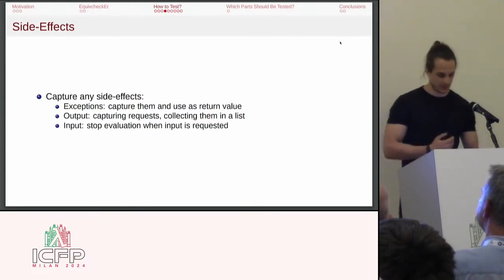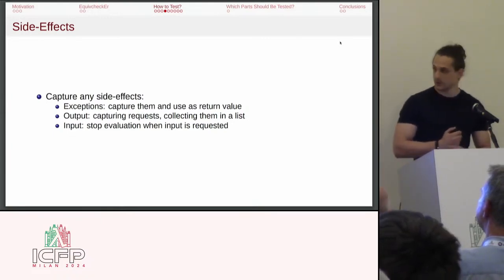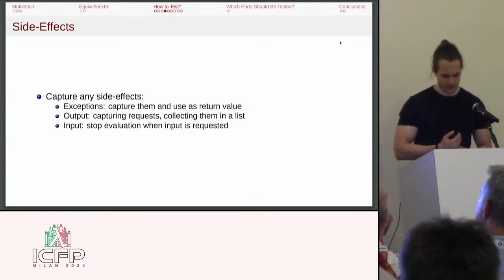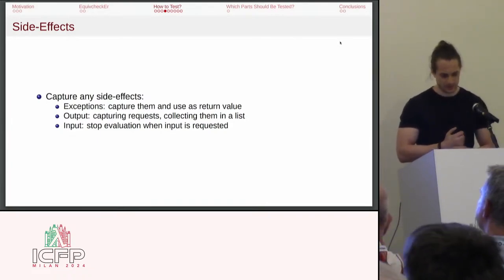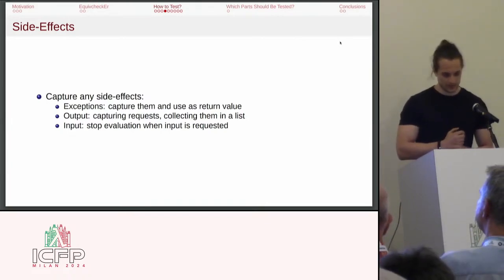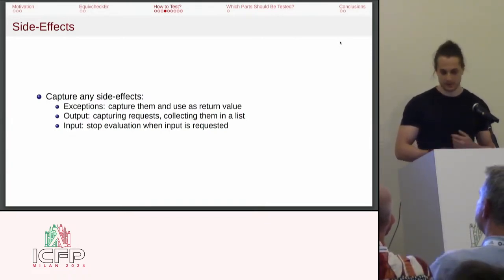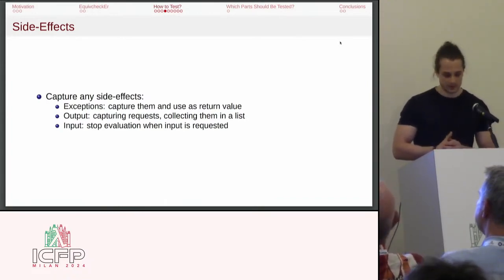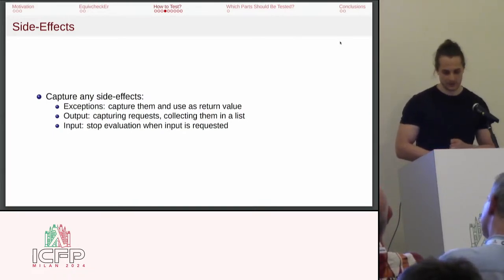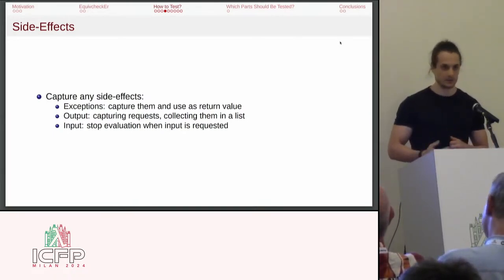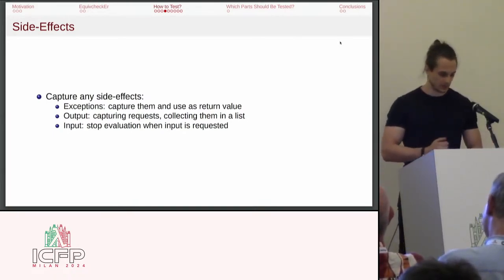So what we did for side effects is that we are basically capturing them. And you can see here how we handled each case. So in the case of exceptions, it was relatively straightforward. We are just wrapping the function evaluation itself into a try-catch block. And if any exceptions are thrown, then we are just using that as the return value.